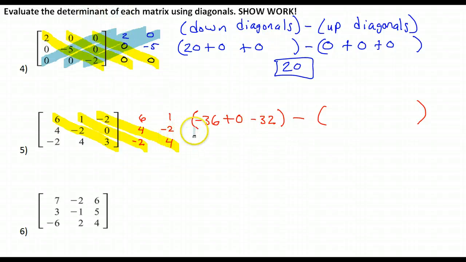Now I'm going to do my 3 up diagonals, so I can subtract. So here's an up diagonal, and there's another one, and there is another one. 2 times 2 is 4. So -2 times -2 is +4, times -2 is -8.